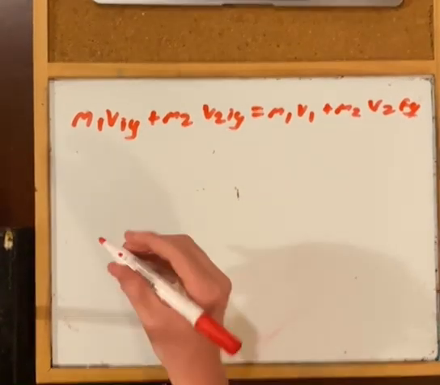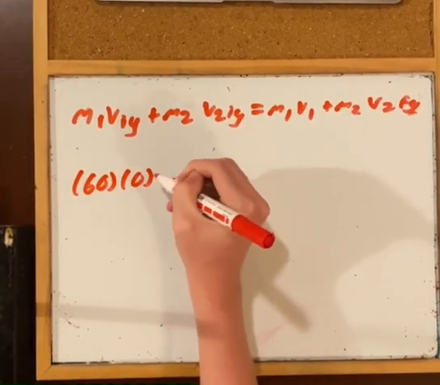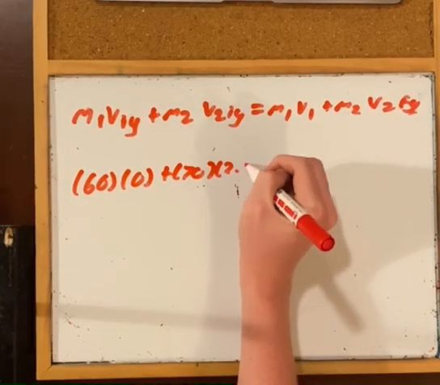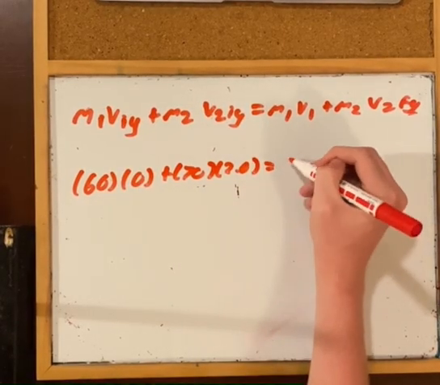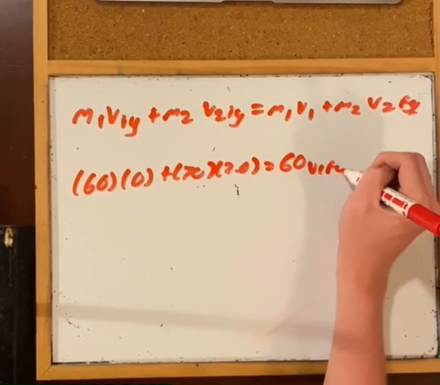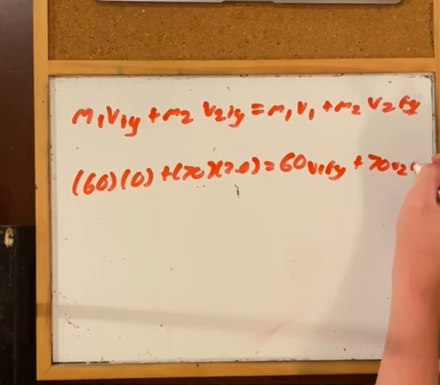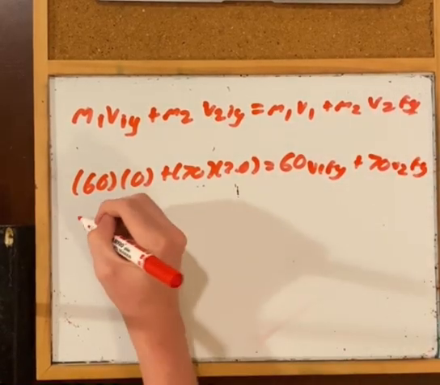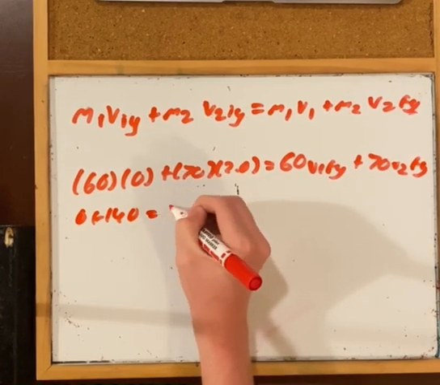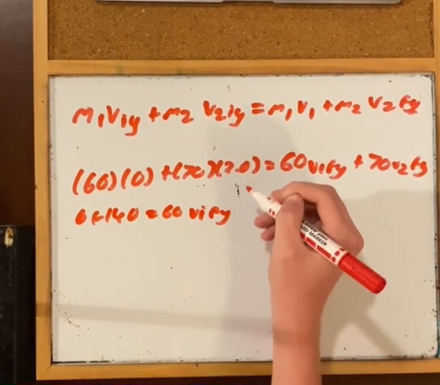Now we'll substitute in our values. It was 60 times 0 plus 70 times negative 2.0 equals 60 v1f of y plus 70 v2f of y.